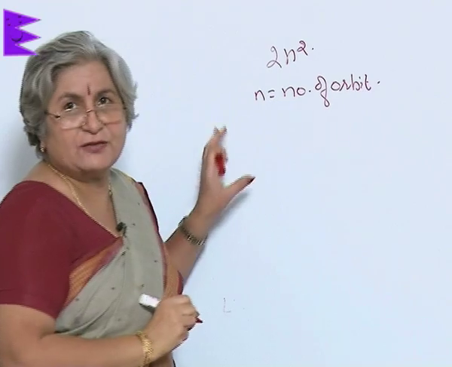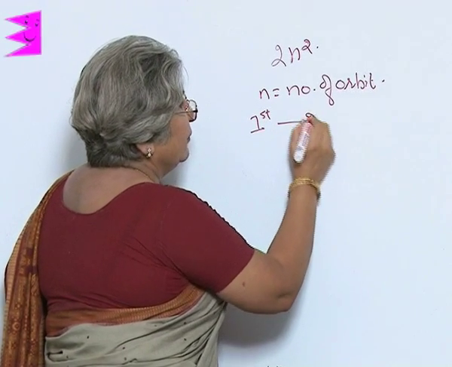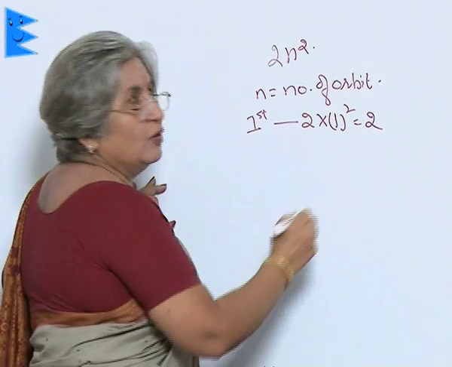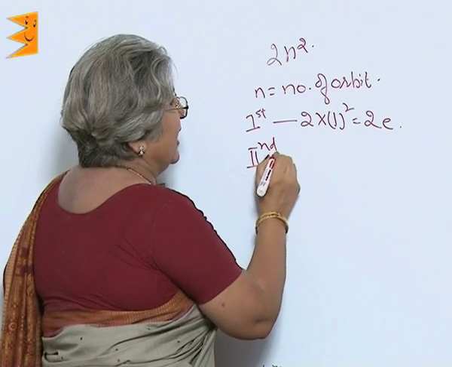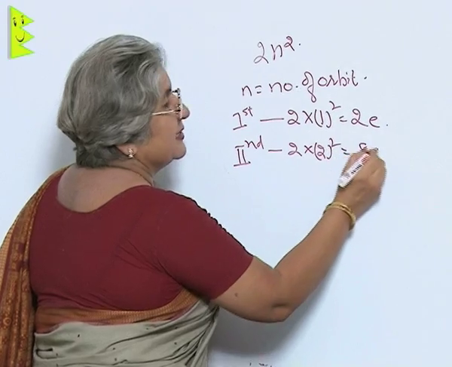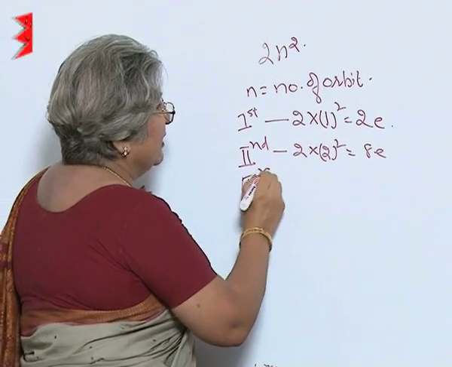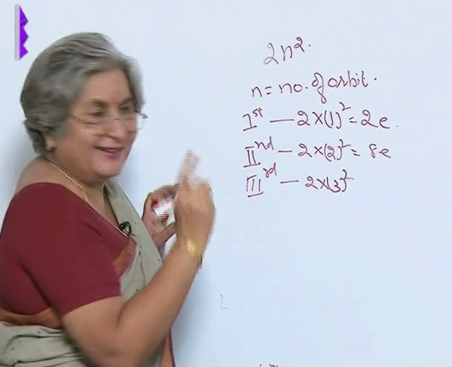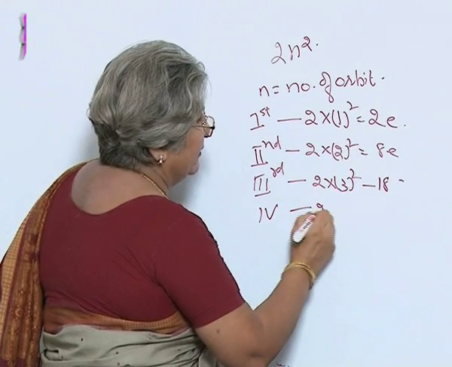If we go by this formula, the first orbit will have 2 into 1 whole square, that is 2 electrons. The second will have 2 into 2 whole square, that is 8 electrons. Similarly, the third will have how many? 18, and the fourth will have 32.